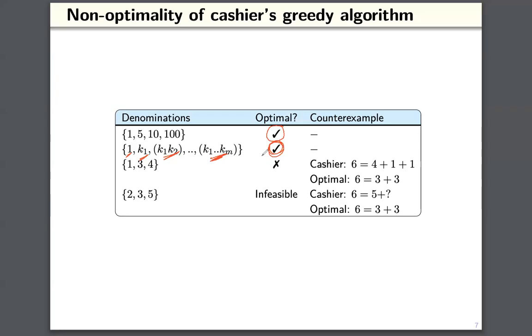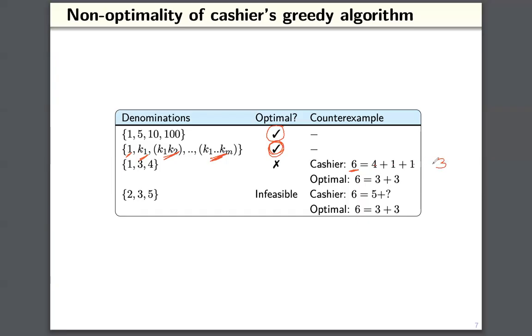However, let's choose another set of coin denominations, 1, 3, 4. Suppose you want to make change for 6. What do you do? 4 plus 1 plus 1. You cannot use a 3 coin here. 4 plus 1 plus 1 is 3 coins.